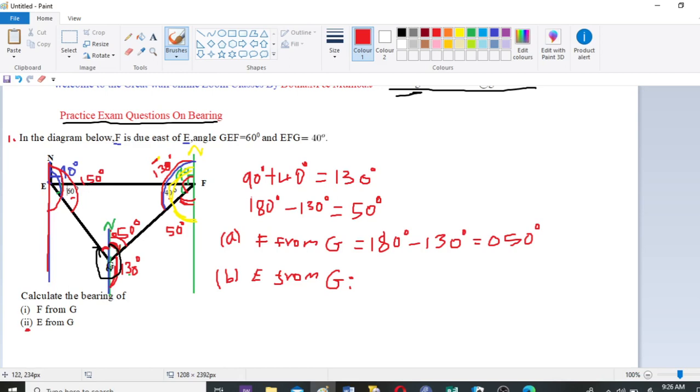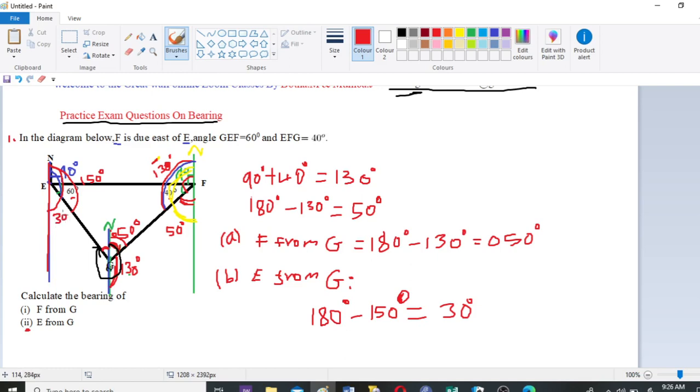You subtract 150 from 180, which gives us 30 degrees. Now that 30 degrees is for this angle which remained there.